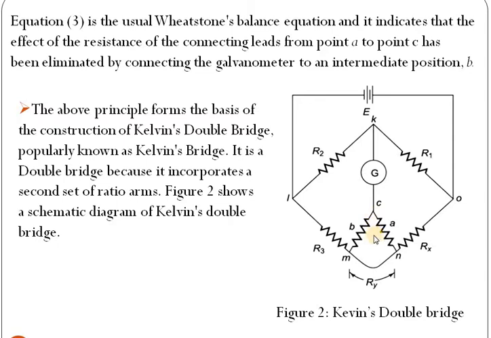As a result of this second set, we call this a double bridge. R3 and Rx will form one set, and the small resistors b and a will form the second set. As a result of two sets of arms, we call this a double bridge, and the circuit arrangement is known as Kelvin's double bridge.